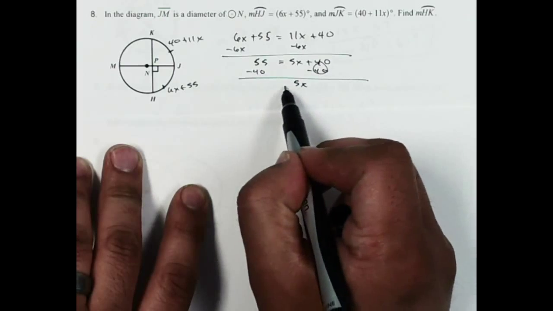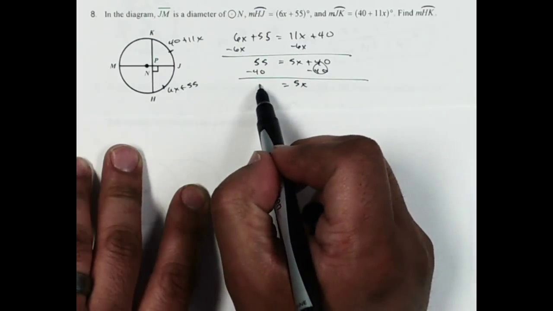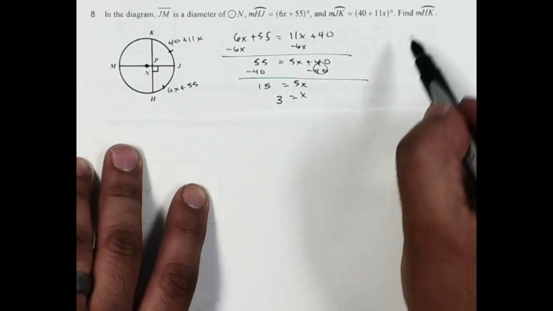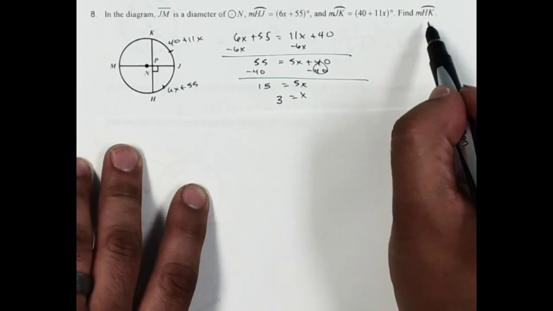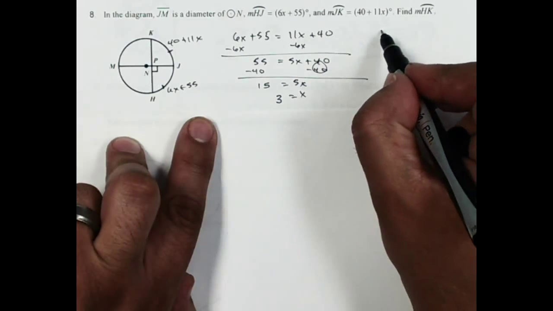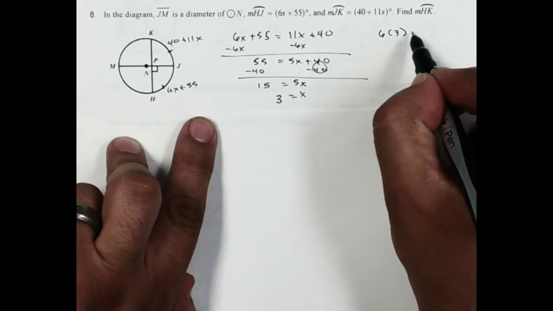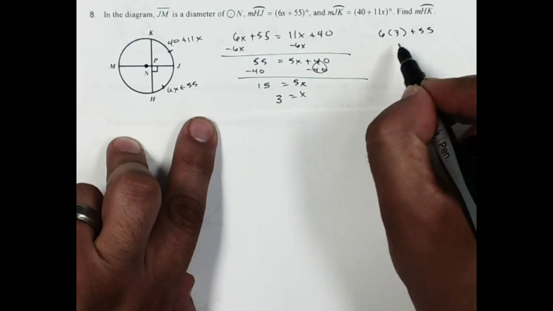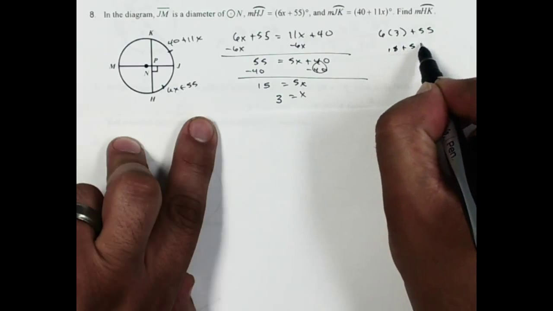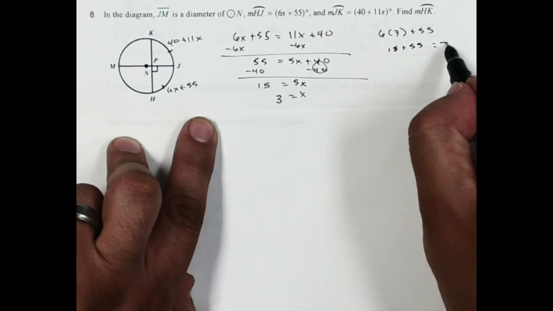That gives me 5x is equal to 15, which means x is 3. All right, but I want the measure of arc HK, so I need to substitute this into the equation. So if I do 6 times 3 plus 55, that's going to give me 18 plus 55, which means this is going to be 73.